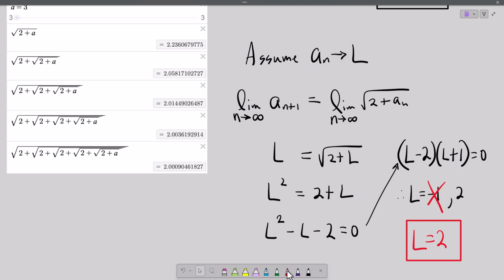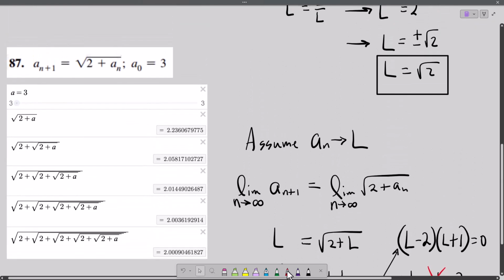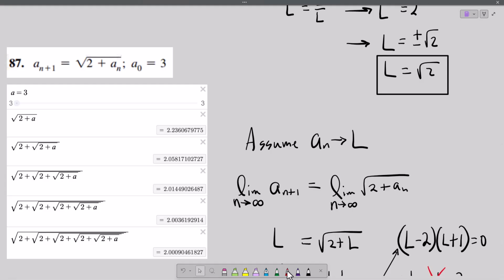So we have a theorem that says every bounded monotonic sequence converges. When we look at this sequence, it is bounded above by the 3. As soon as we plug in the 3 here, the square root of 5 is less than 3, so it's gone down.